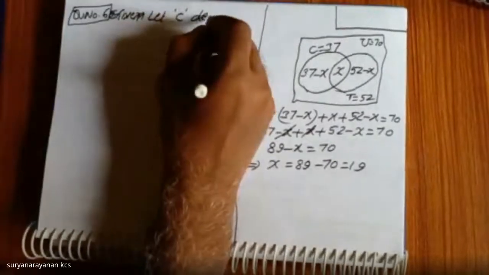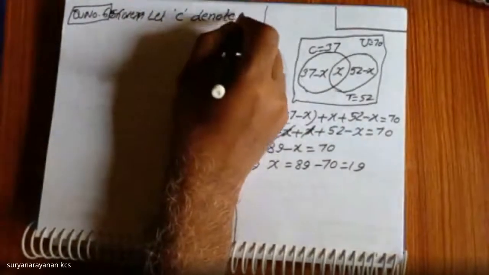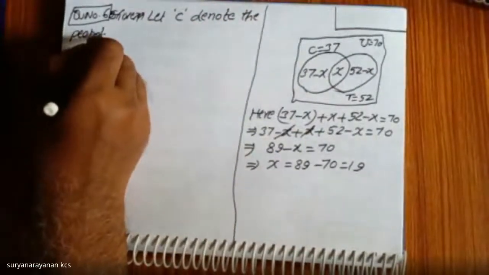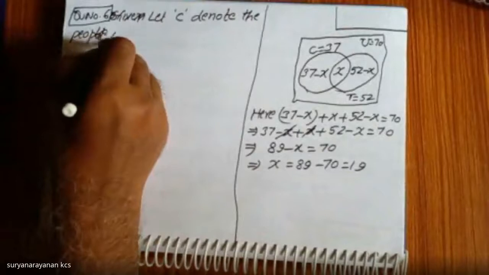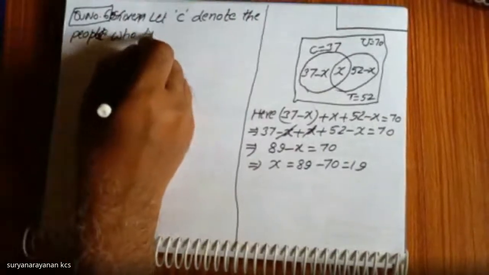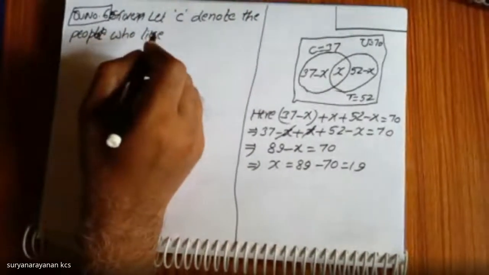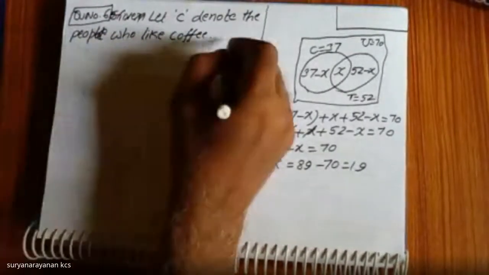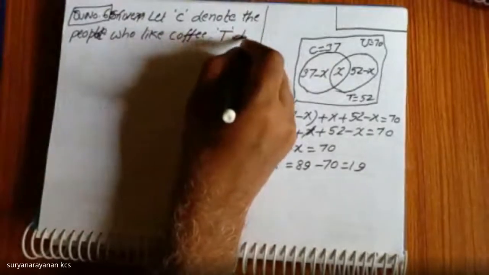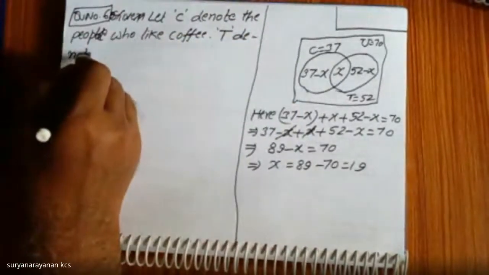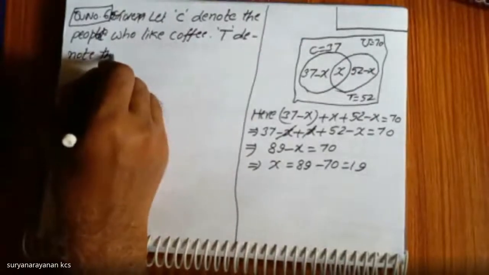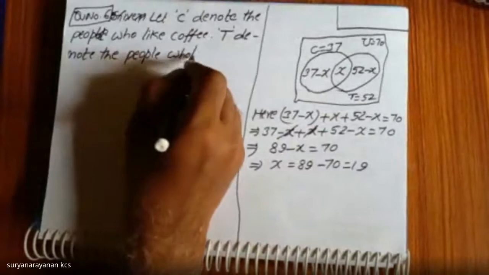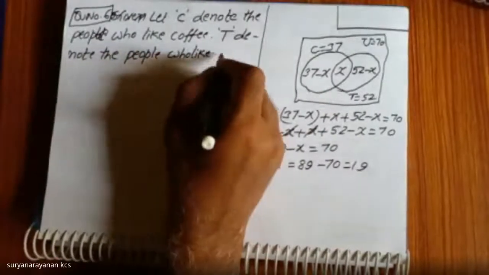Let C denote the people who like coffee, and T denote the people who like tea.